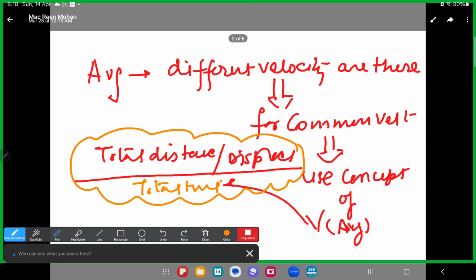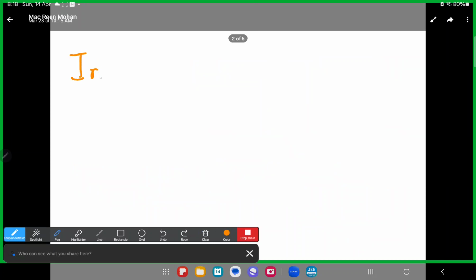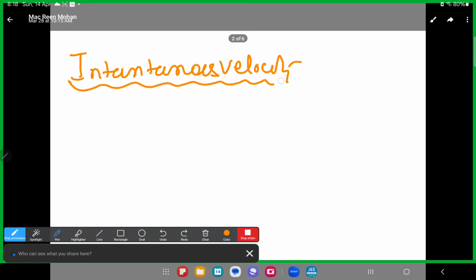Fine. Now the next important thing is what is instantaneous velocity.